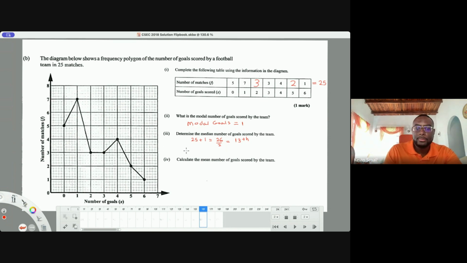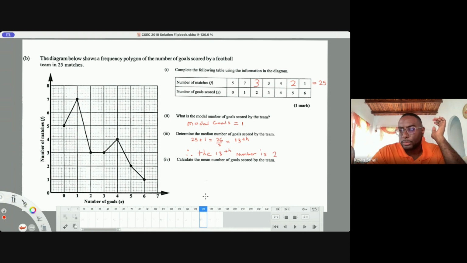Therefore, the 13th number is 2. So the median is 2. Okay, the 13th number is 2.